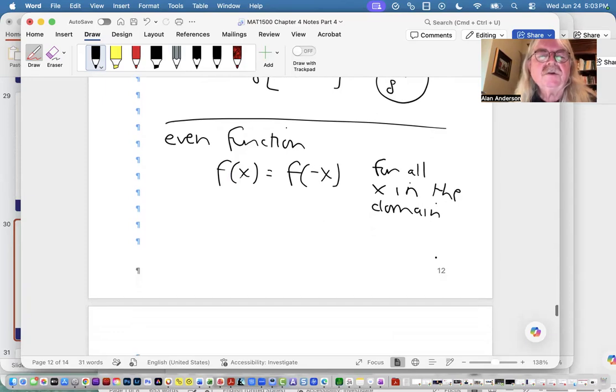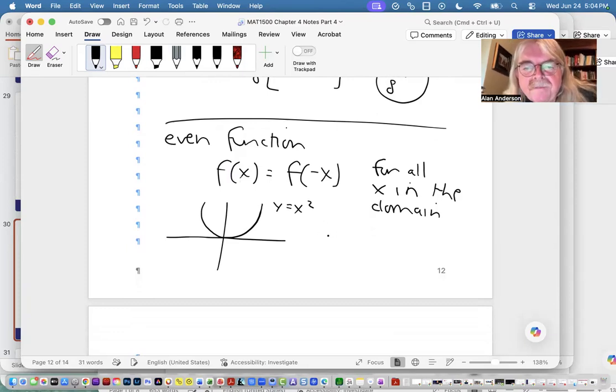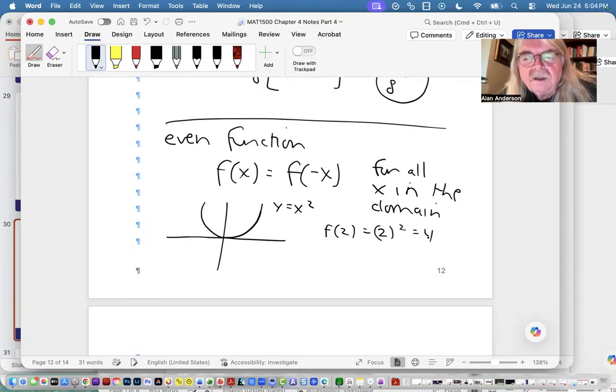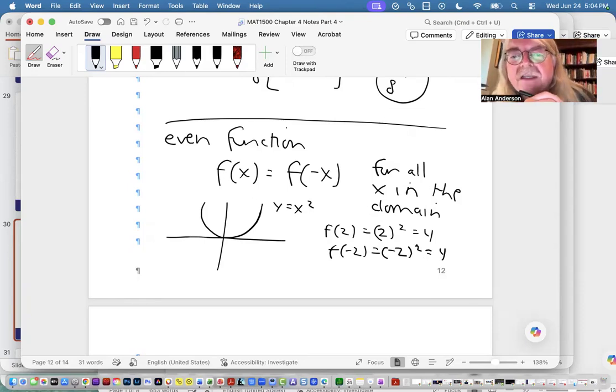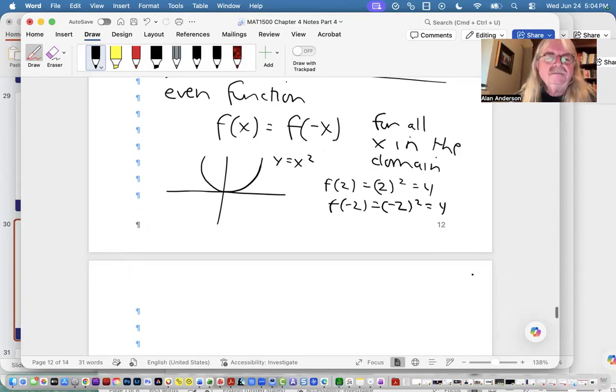So the classic example of this would be, oops, let's try that again. y equals x squared is an even function because f of 2, for example, would be 2 squared, which is 4, but f of negative 2 will be negative 2 squared, which is also 4. That'll be true for every x. Whatever x is, f of x equals f of negative x, regardless of what value it is. That makes it even.